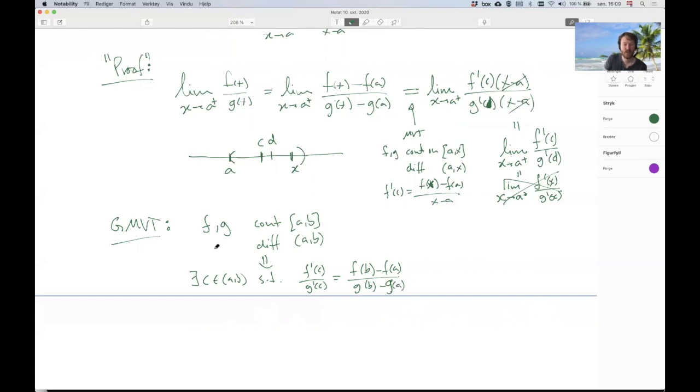And of course, the condition I need is that g prime is non-zero on this interval. And notice, once I have this result, that provides me exactly what I need to pass from here to here. So that makes my fake proof work.